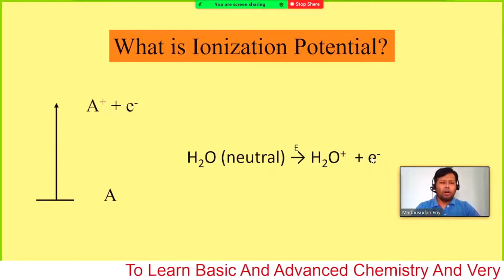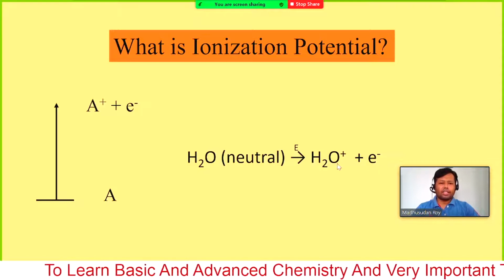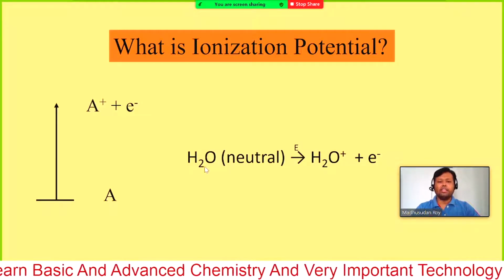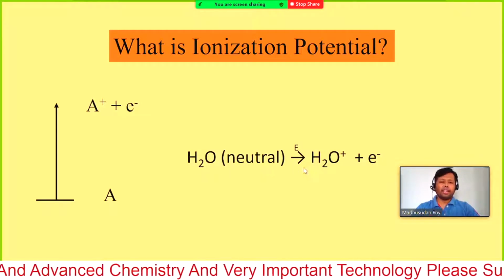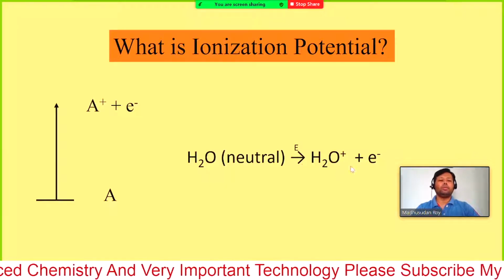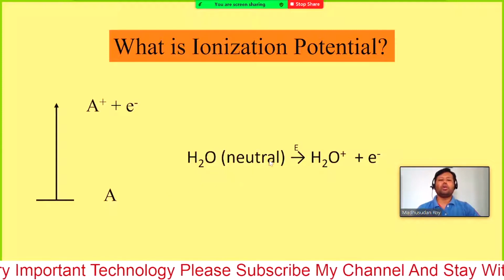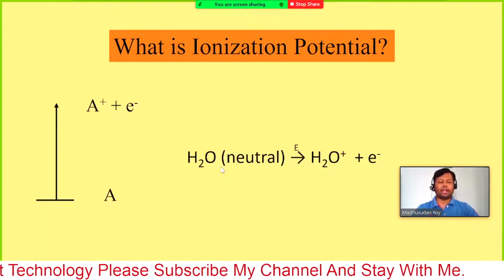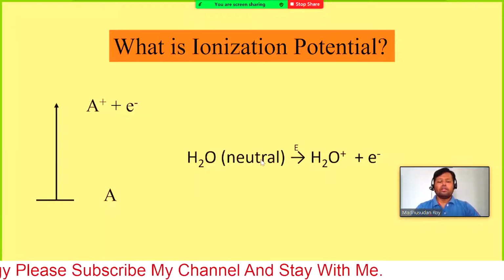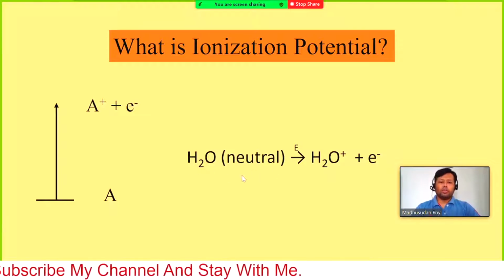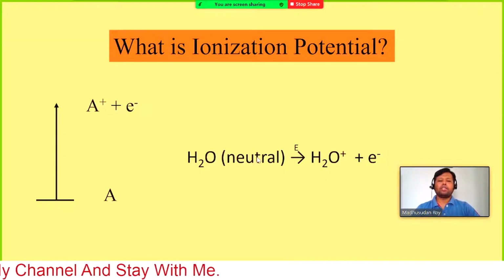Or you can write the electron on the left side as H2O minus electron, that will give you H2O plus. That means you want to remove 1 electron from the molecule. That is our target. So to do that, we will supply some energy to the molecule.